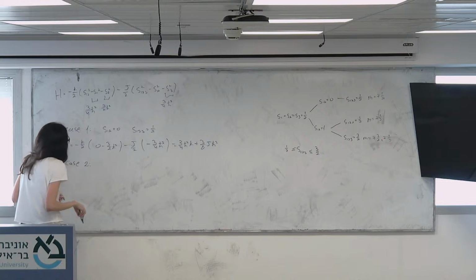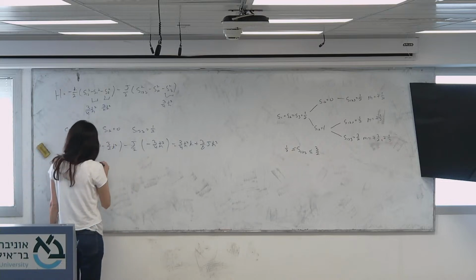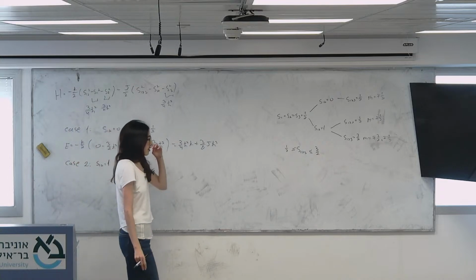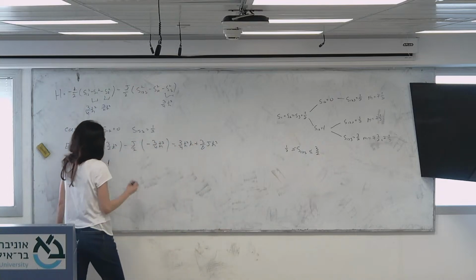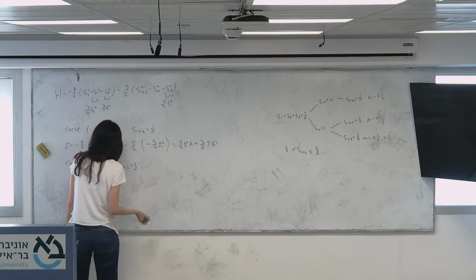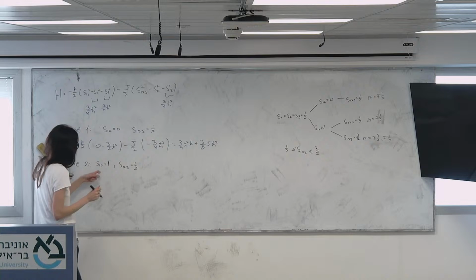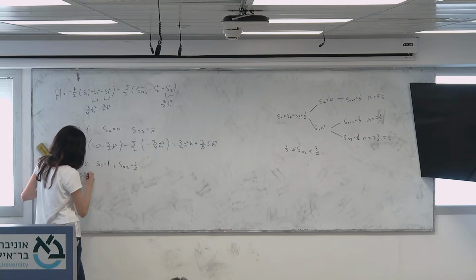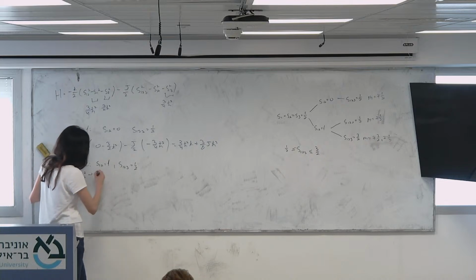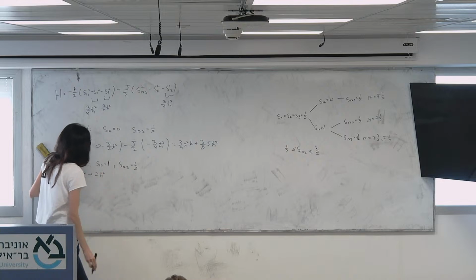Now case 2. S12 equals 1, and let's start with S123 also equal half. The expectation value of S12 square is going to be 1 multiplied by 2 h bar square, so this is 2 h bar square.